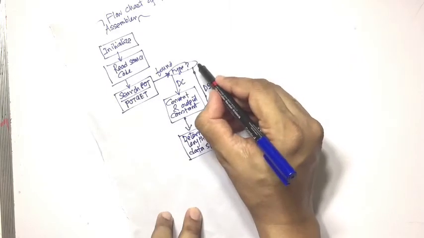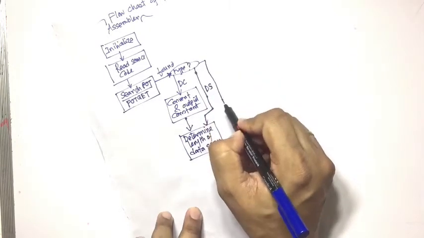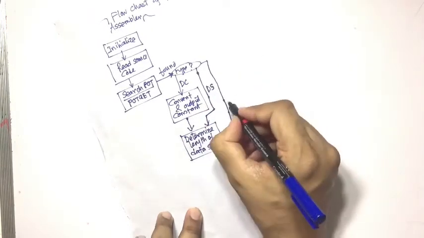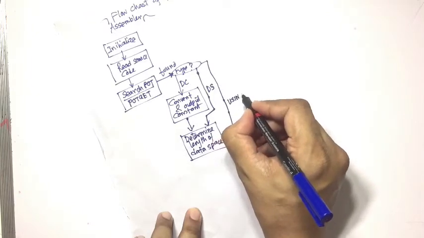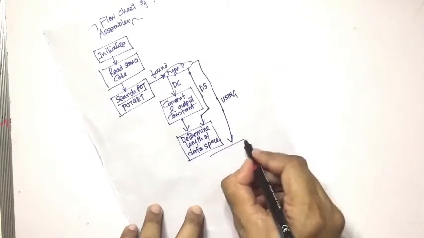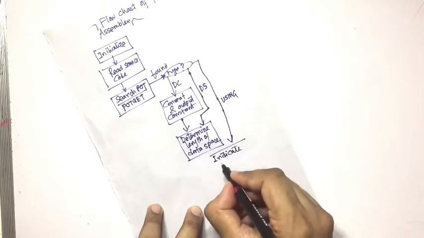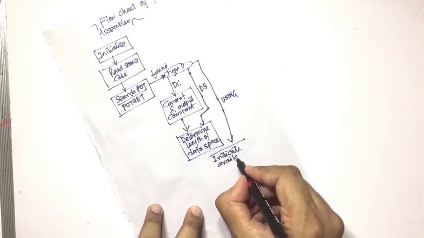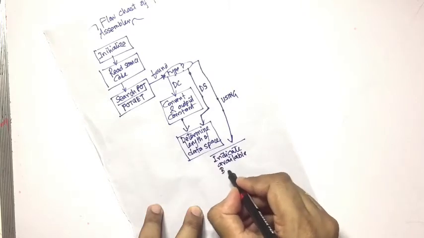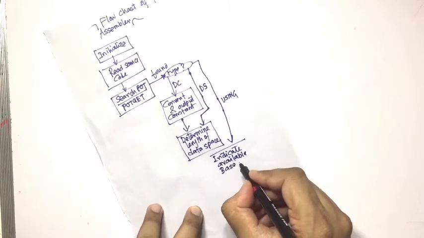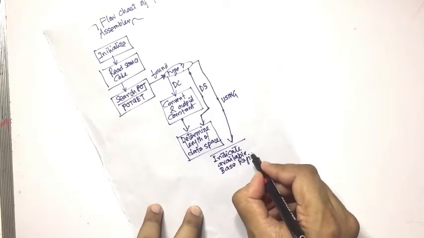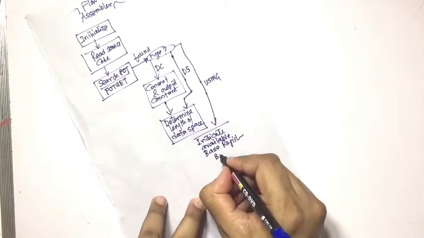Next, if there is any USING instruction, then it indicates available base register and its corresponding value. It indicates available base register BT.